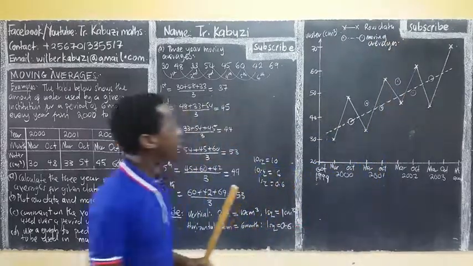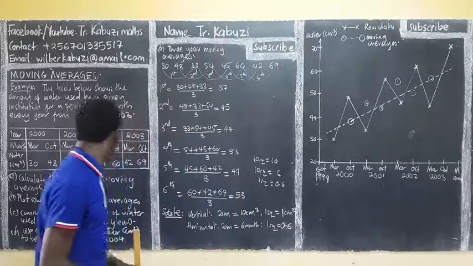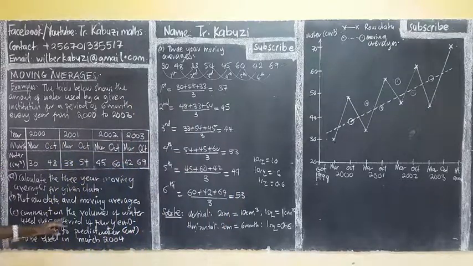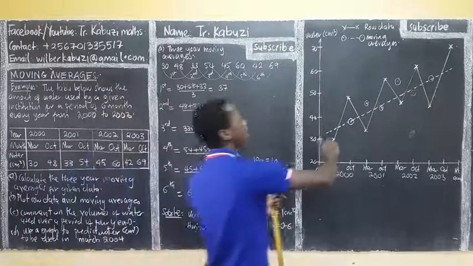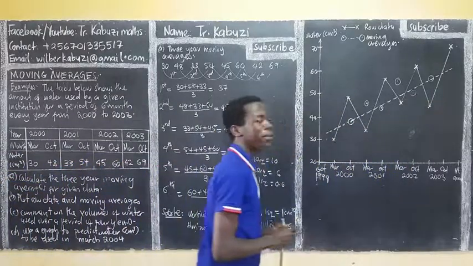So after doing that, I've finished that. Then I come to this one. Comment on the volumes of water used. So now we start. The line of best fit, we say it has a positive gradient.